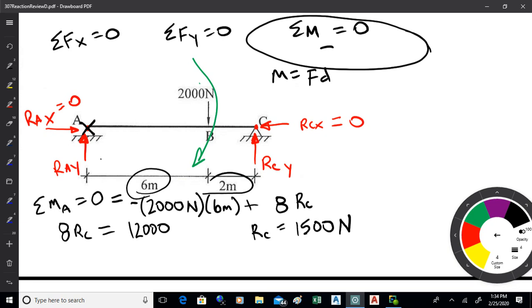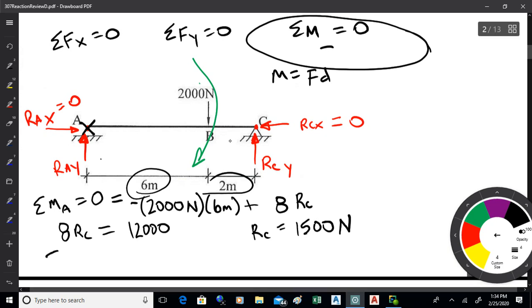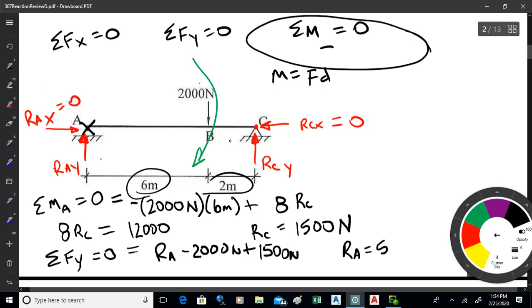Okay. Now, the quickest way to solve the rest of it is go to a force equation. They're easier and faster, less apt to make errors on these. So I would probably go with a force equation next. So RA is 500 newtons.